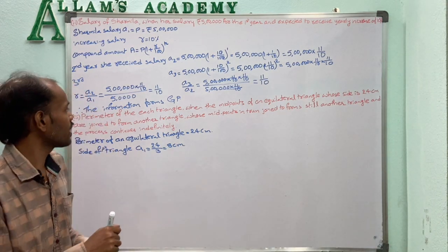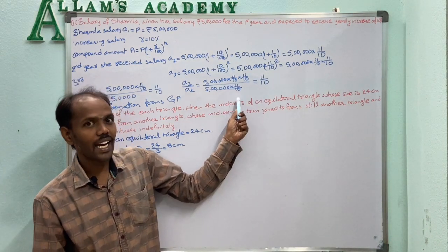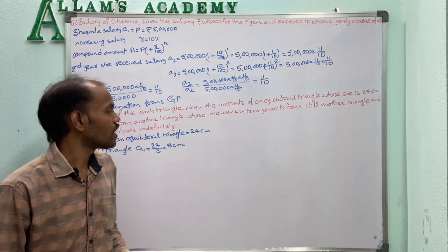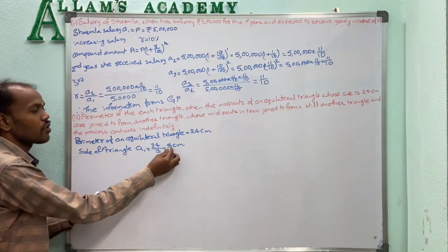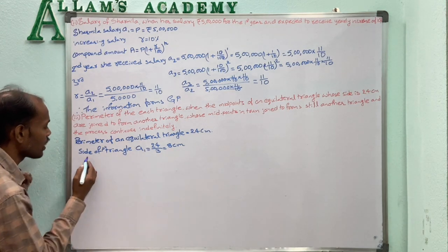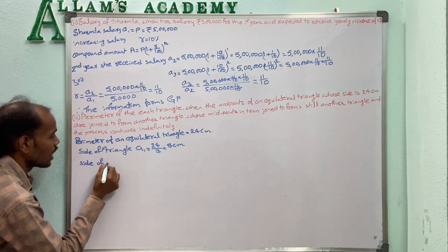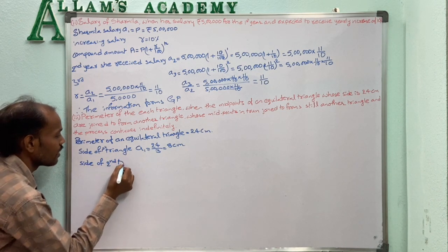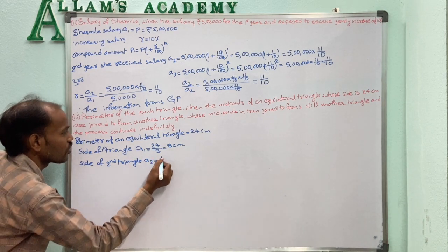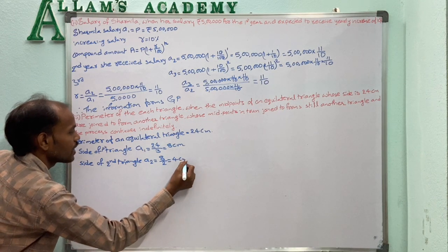Now what is given? The midpoints of this triangle are joined, so another triangle will be formed. The midpoint is 4 centimeters, so that 4 centimeters is the side drawn. So the side of the second triangle, A2, is half of this: 8 by 2 is equal to 4 centimeters.